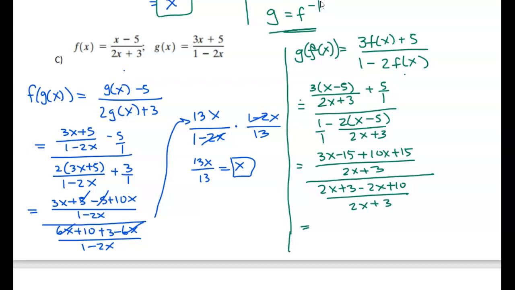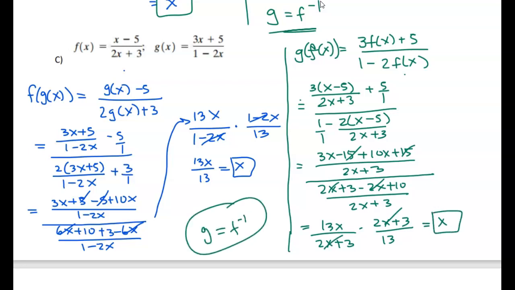Simplify and flip over. So we get 13x over 2x plus 3, times 2x plus 3 over 13. These cancel. 13x over 13 is x. Good. So g is the inverse of f. They're inverses of each other too.